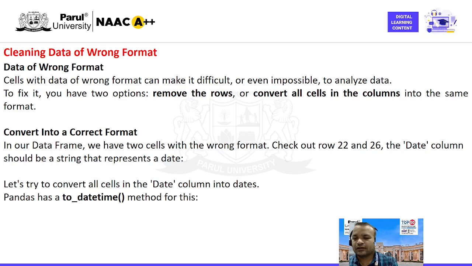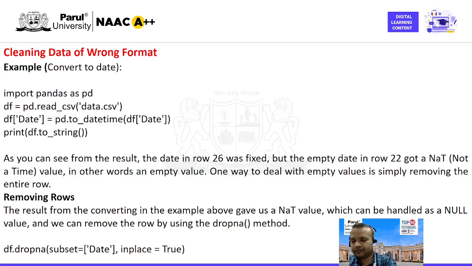Pandas has a method, the to_datetime method, to correct your date column format, that means wrong format to correct format. Use it and convert to the date.